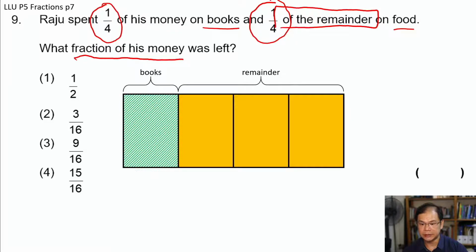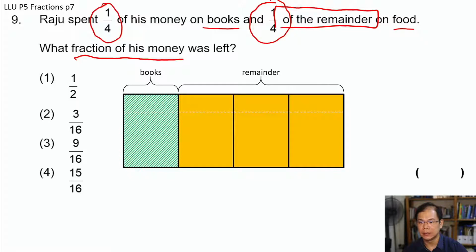So this is what he spent on the books, 1 out of 4 of everything. And then how do I show 1 out of 4 of the remainder? I will have to partition or cut up the 3 orange units that are left into 4 parts each.